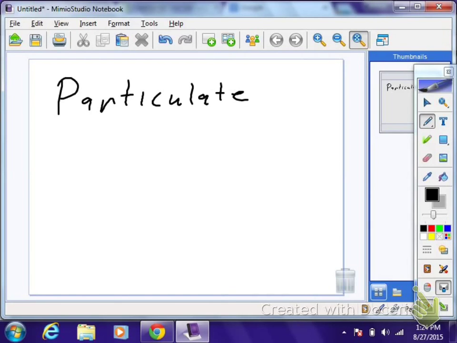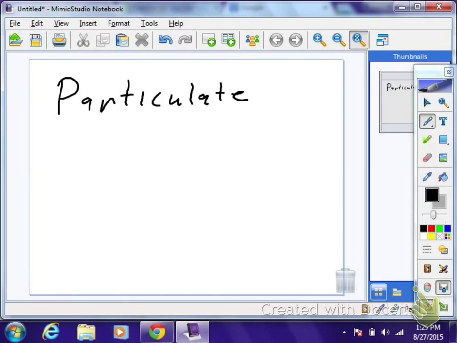A particulate is the smallest part of a substance that we can look at. So, what is the smallest particle of a substance that we can break everything down into? Joe, I think you said it. Right?